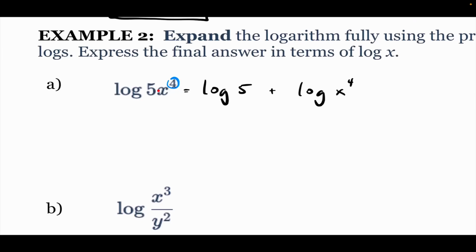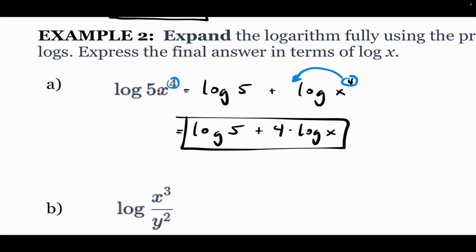If there were 3 things, let's say there was y out here, then I would have a third log plus log y, but there's only 2. Okay? Last thing. We said the power, right? The power only goes with x. So I'm only going to move the power in front of this log. I don't have to do it in front of both because 5 didn't have a power. Done.